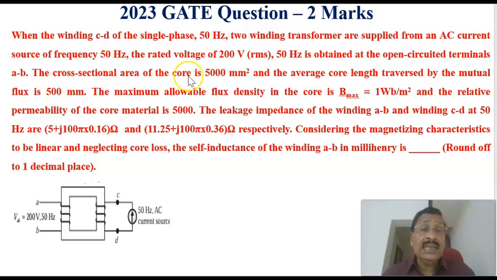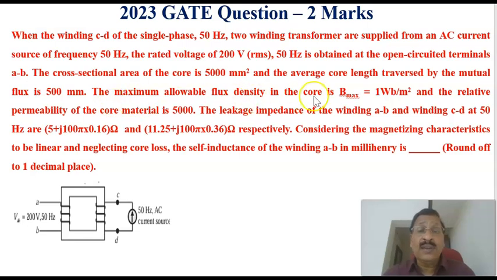The cross-sectional area of the core is 5000 millimeter square and the average core length traversed by the mutual flux is 500 millimeter.